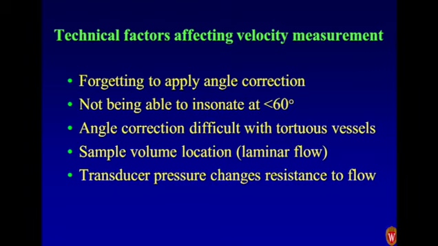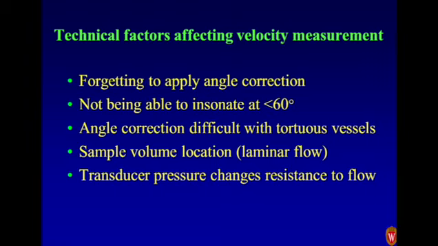Angle correction is difficult with tortuous vessels. When you have arteries that twist and turn, it is difficult to identify exactly how to put that angle correction. And just a few degrees of angle correction as you get towards that 60, 70, 80 degree angle can really significantly alter velocity estimates.